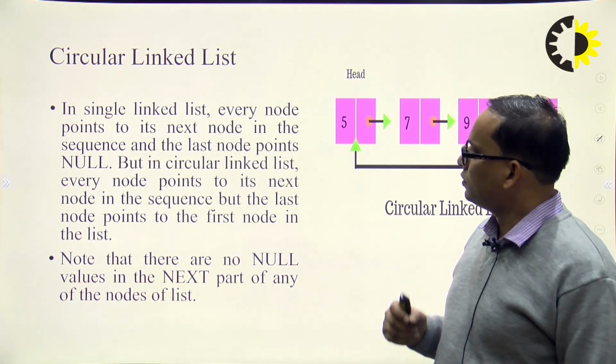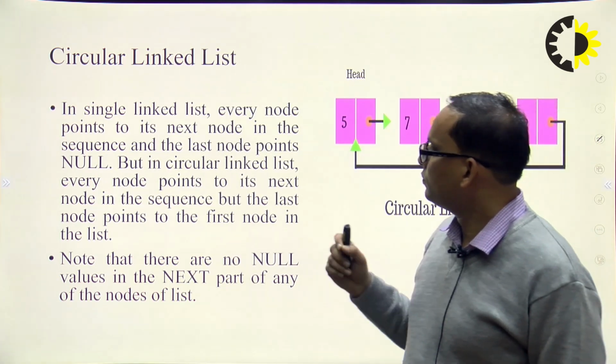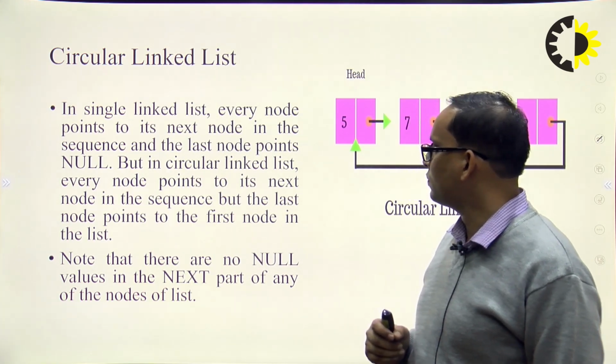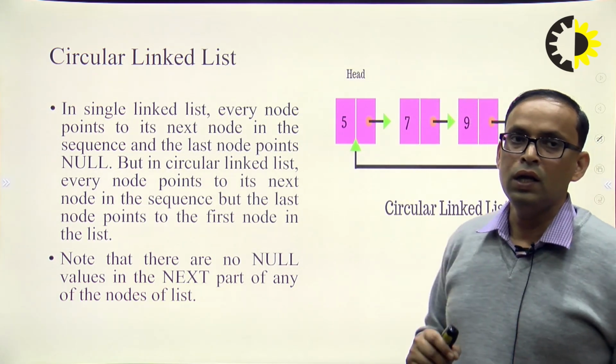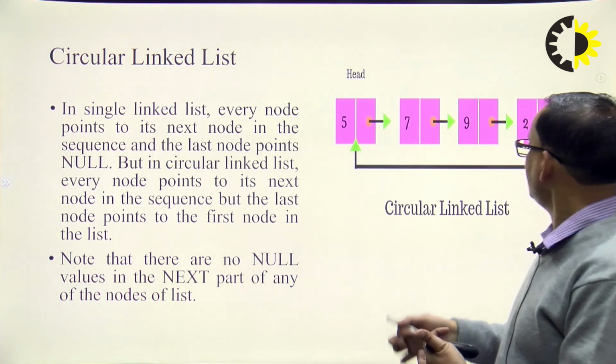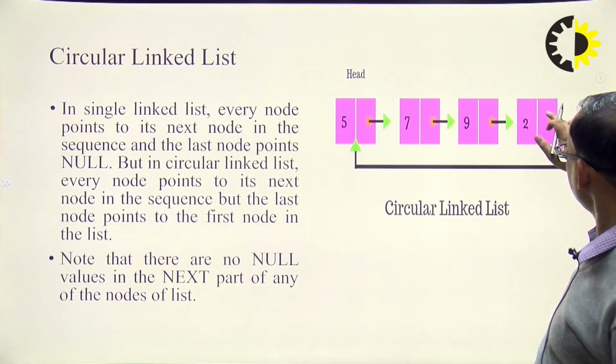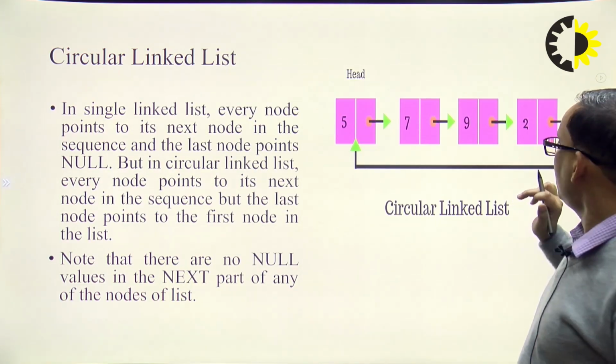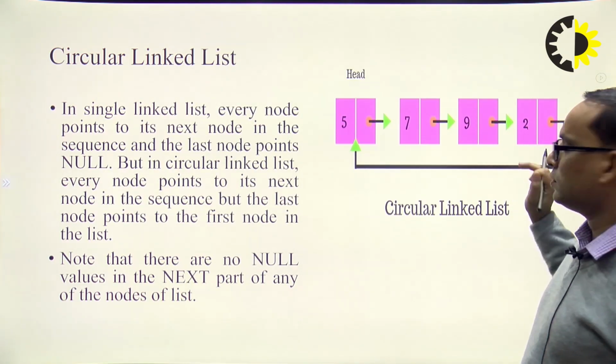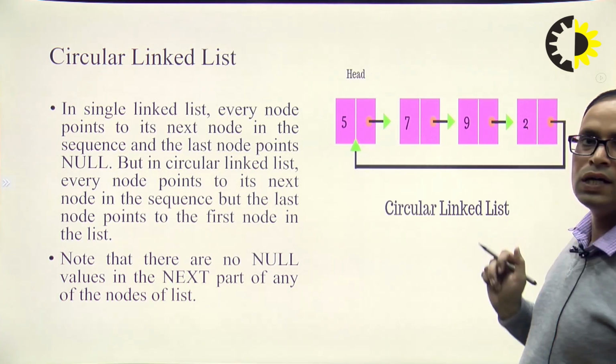In a singly linked list, every node points to its next node in the sequence, but the last node points to null. Suppose this is a linked list; if this were a singly linked list, then this pointer would be null, because this node 4 is the last node of the linked list.